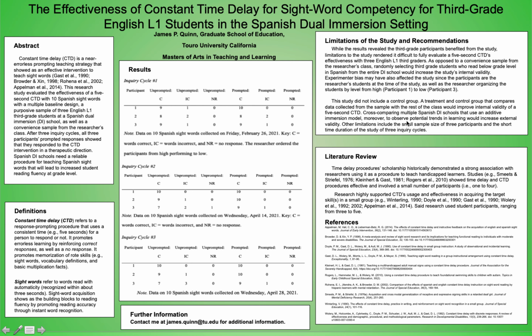So limitations, I talked a bit about. The small sample size could limit the study, using 3 as opposed to maybe 4 to 5, though this study intends to use the small group because research showed, if we look at the literature review, the usage and effectiveness in acquiring the target skills in a small group.